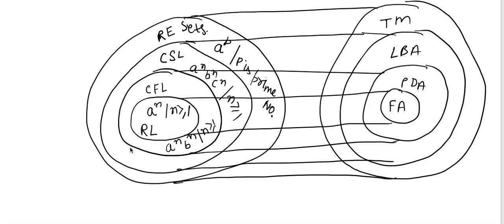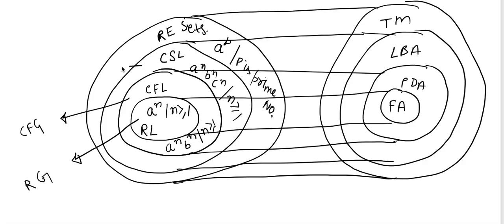Now there is also something called grammar present for each language. With the help of that grammar we can generate the language. For regular language we have regular grammar. For CFL we have context free grammar, CFG.